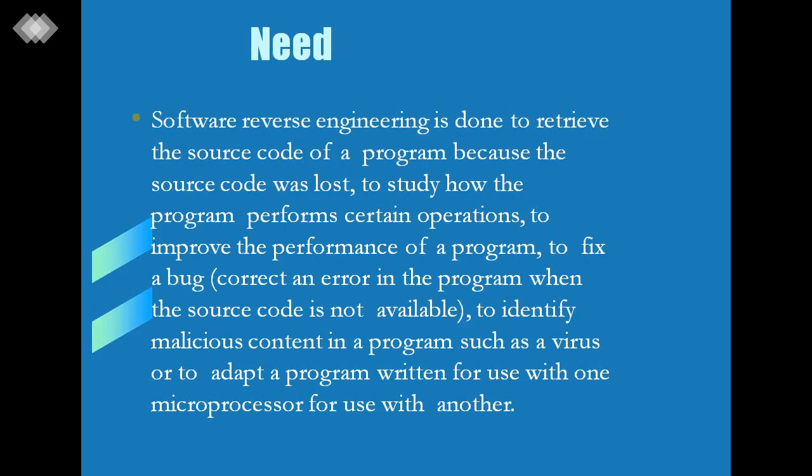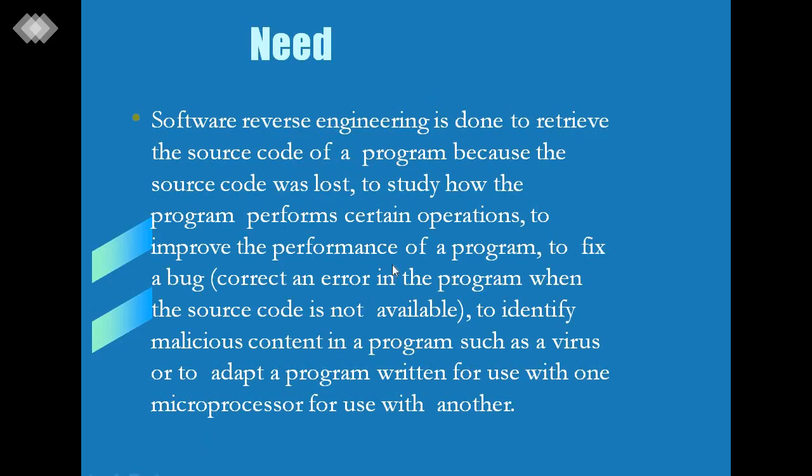So here are the needs of reverse engineering. First is to improve the performance of a program. Second, to fix errors or bugs. Next, to identify malicious content in a program such as a virus. And last is to adapt a program written for use with one microprocessor for use with another.